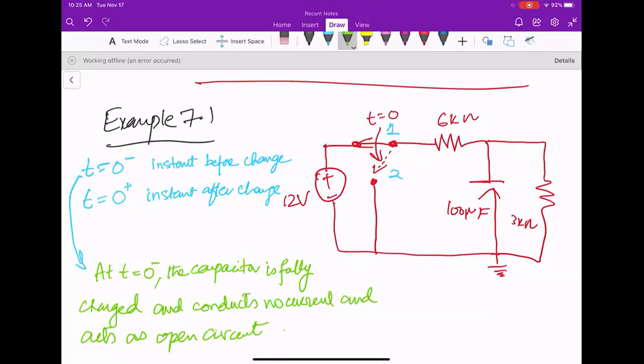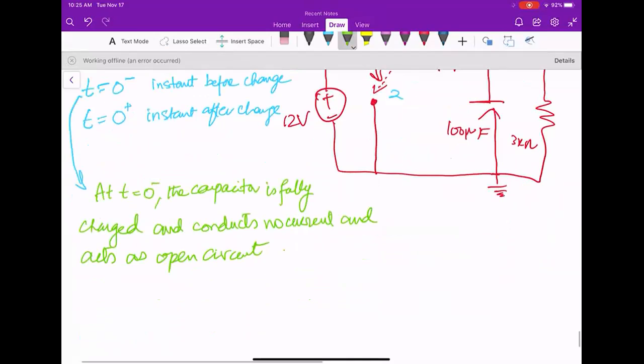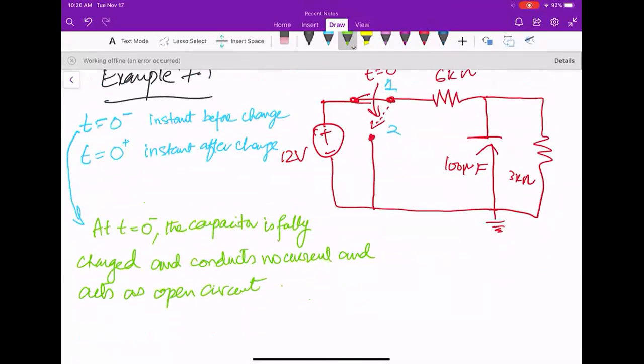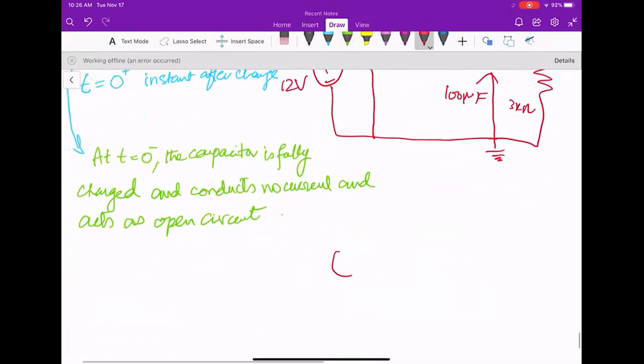So at t equals 0 minus, when this was the setup, before the switch moved from 1 to 2, we will draw another circuit.